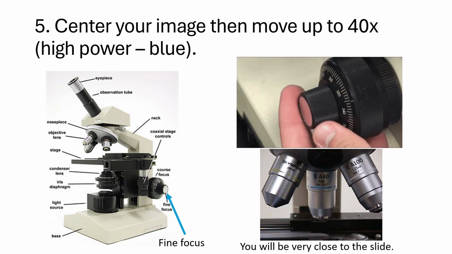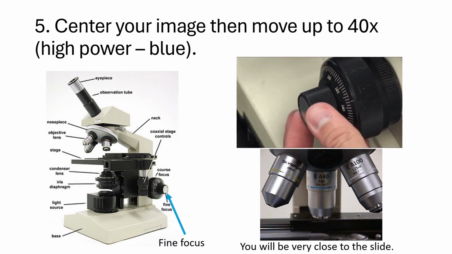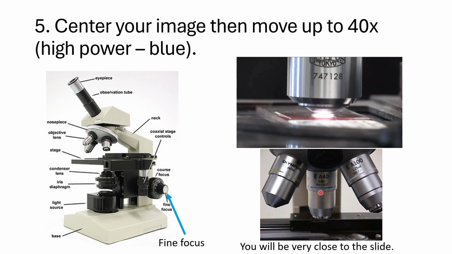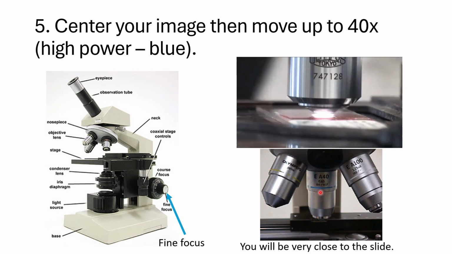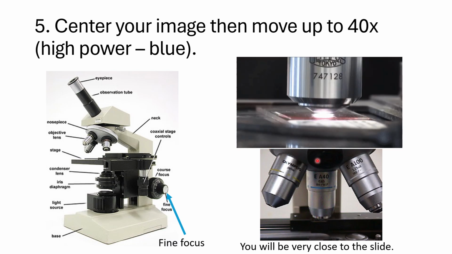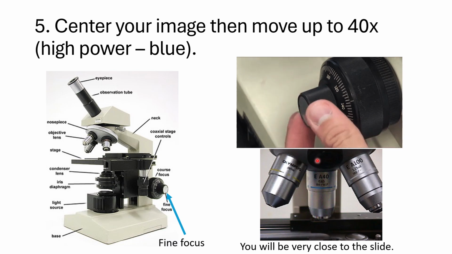So again, center your E or your tissue, whatever it is, and then you're going to rotate your nose piece to 40x. This gives students a lot of anxiety. It looks like it's going to touch. It's not going to touch. If we did everything right, it's not going to touch. This is also an area where we can have some issues.